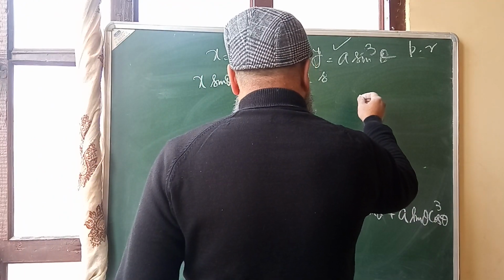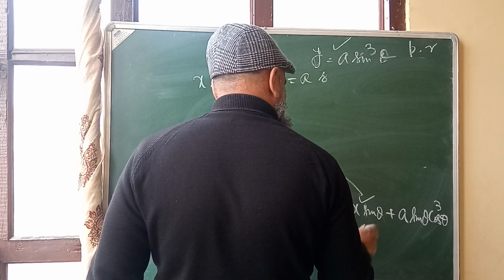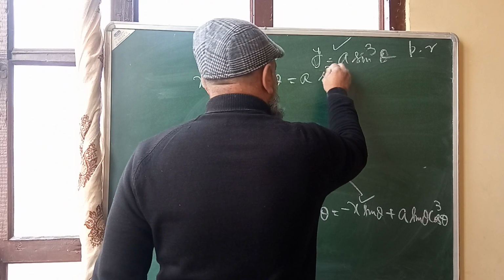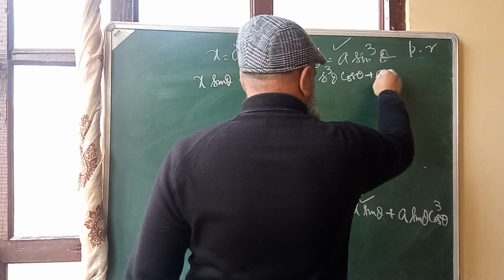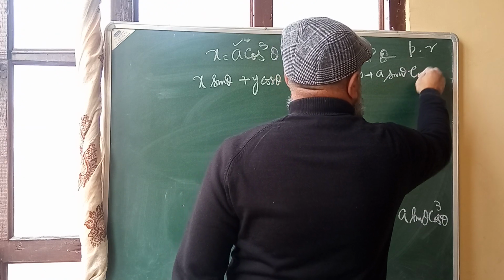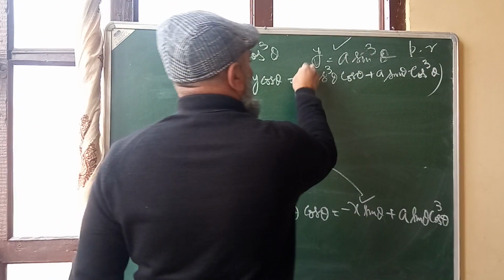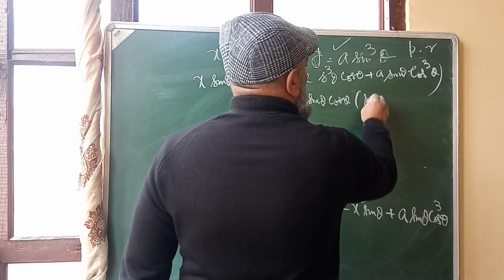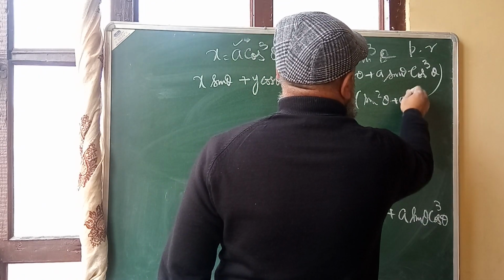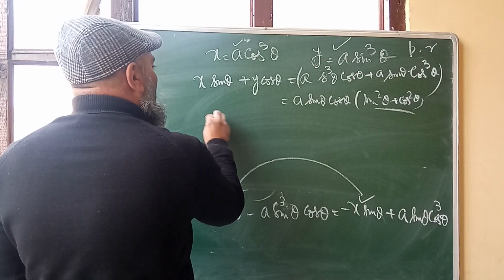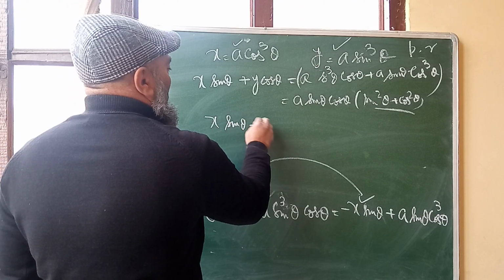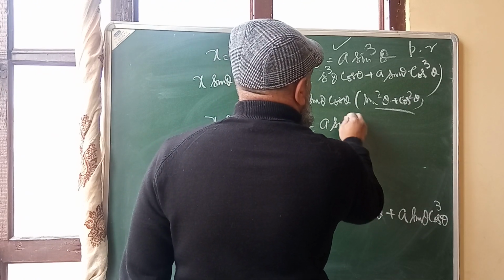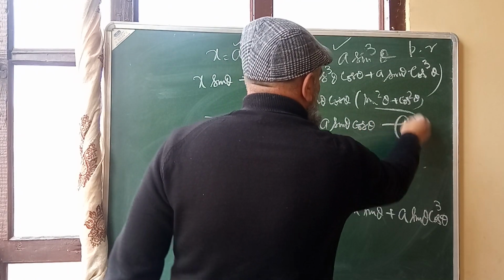Okay, it was cube, a sin cube theta cos theta plus a sin theta cos cube theta. So it is a sin theta cos theta and sin square theta plus cos square theta, which is 1. So you have x sin theta y cos theta equal a sin theta cos theta. This is equation of the tangent.